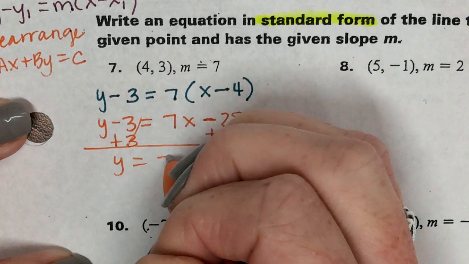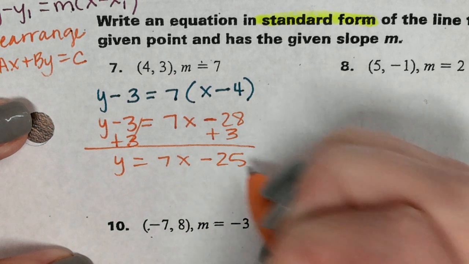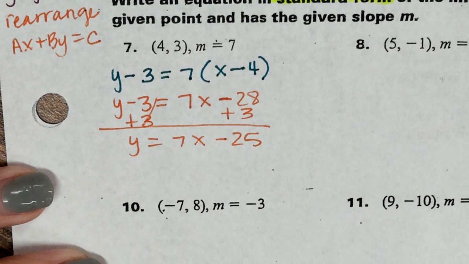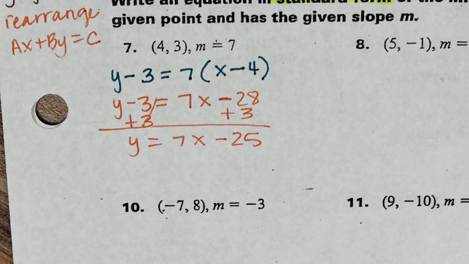So I have y equals 7x minus 25. Am I in standard form yet? No. What form am I in now? Give me the form. Slope-intercept. Good.